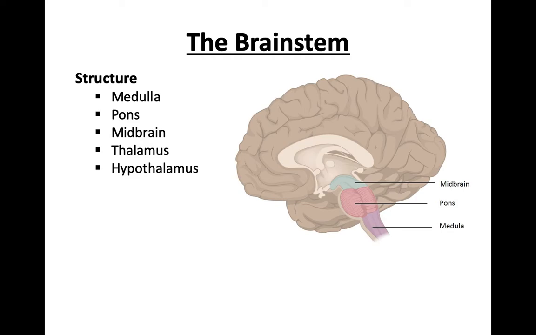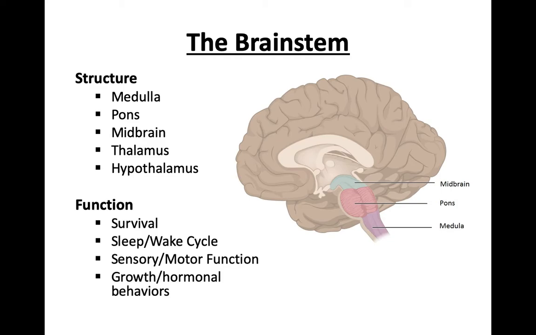So I'm not going to get too deep into the individual functions of each of these structures. If you go on and take more advanced psychology classes, you will, so that each one of these structures has its own function. But what I want you to know is kind of the collective function of all of these structures together. So the collective function of the brainstem.